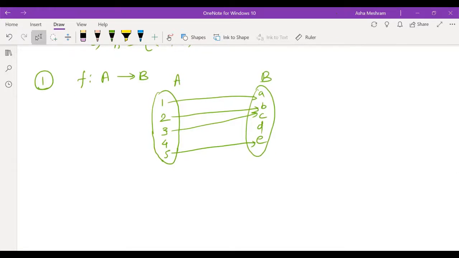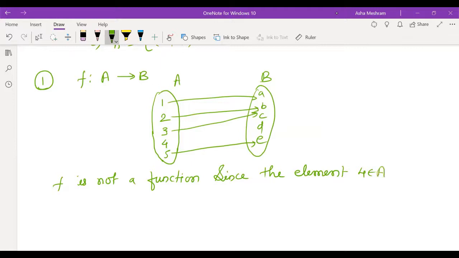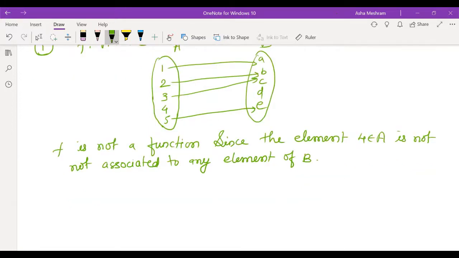Here we write: F is not a function, since the element 4 from A is not associated to any element of B. So in this way we have to check whether it is a function or not.